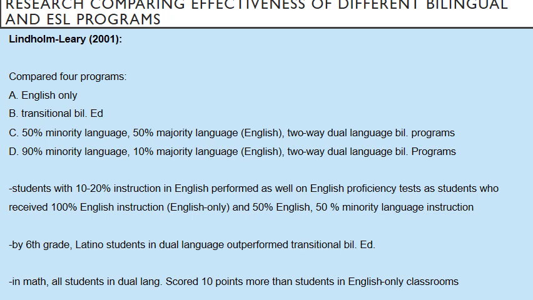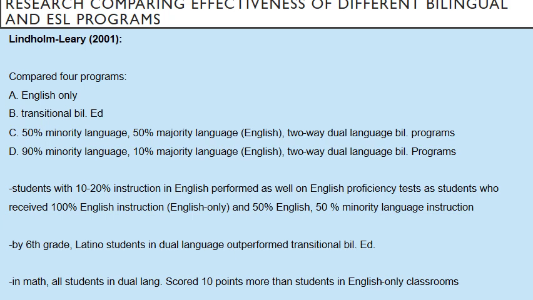The last one would be more like the developmental programs we talked about, where you start with a high amount in the minority language and then gradually decrease until it's about 50% minority language, 50% majority language English.